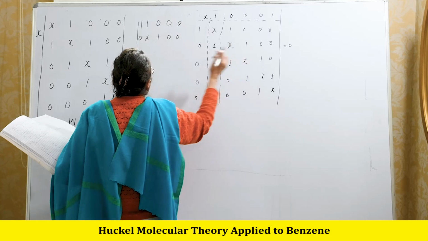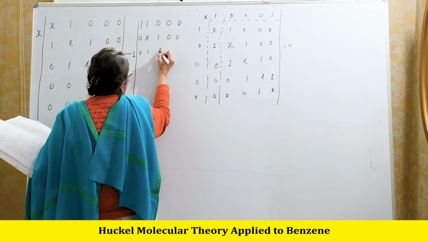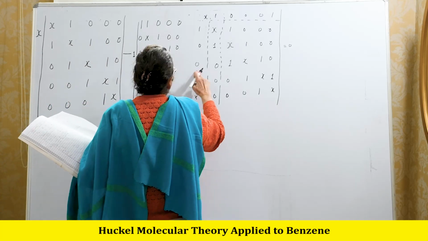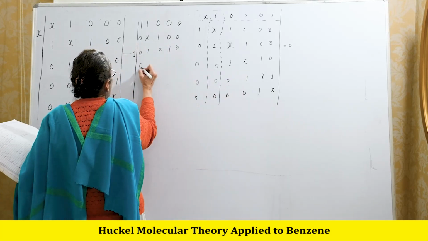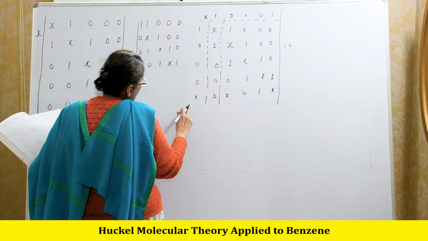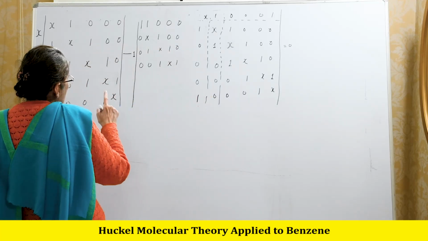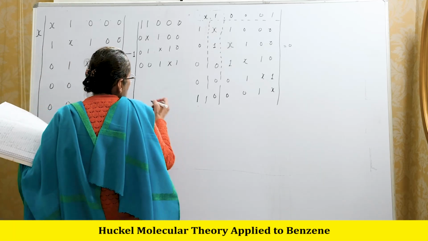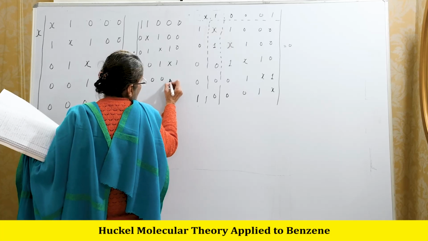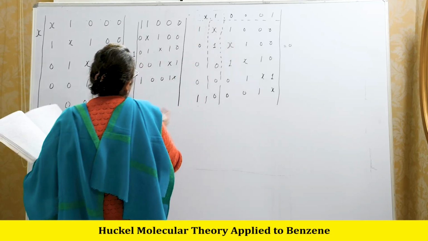0 x 1 0 0 and 0 1 x 1 0, 0 1 x 1 0 0 0 1 x 1 0 0 1 x 1 and this is 1, 0 0 0 1 x 1 and 1 0 0 1 0 0 1 x, and this is for -1.